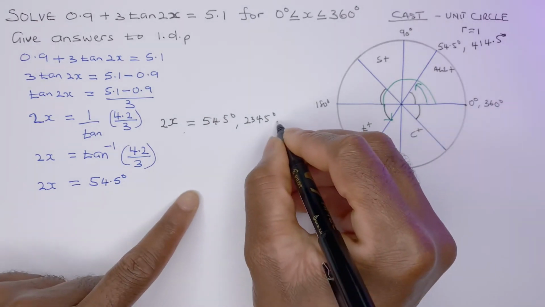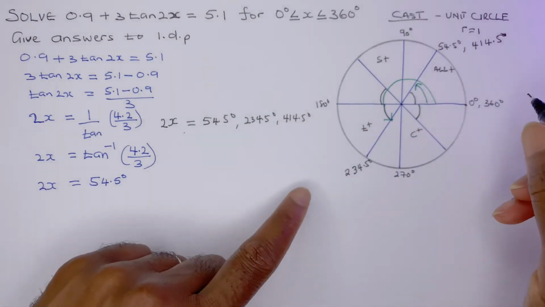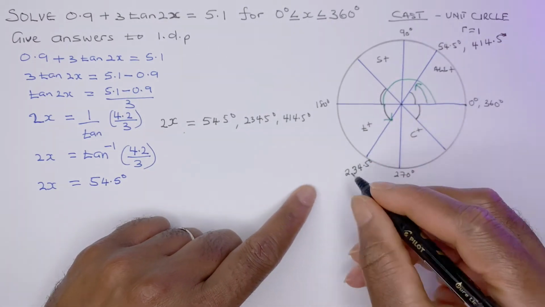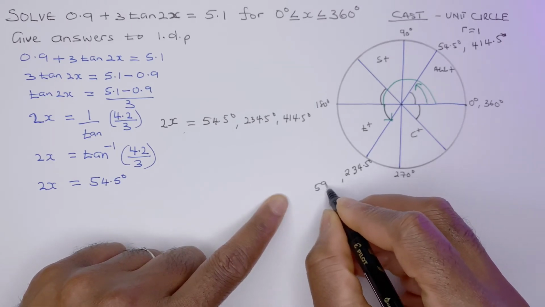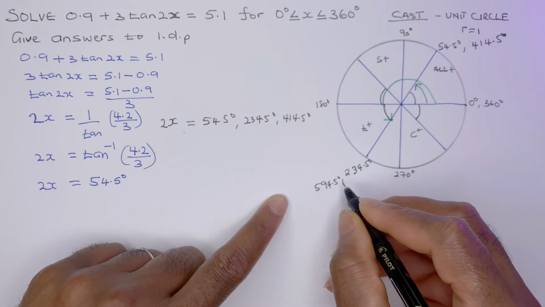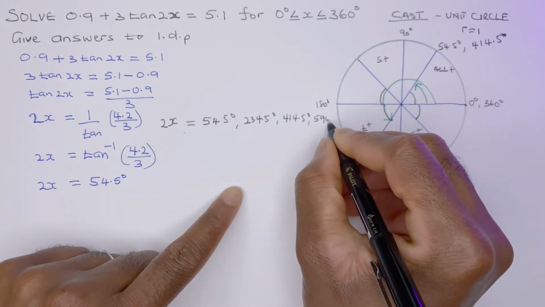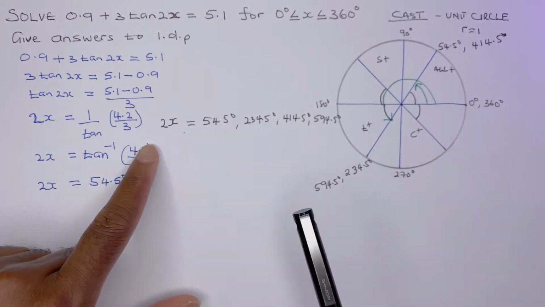Then we add another 180, and that comes to 594.5 degrees. So the final value is 594.5 degrees, and that's all for 2x, because you've done it twice.